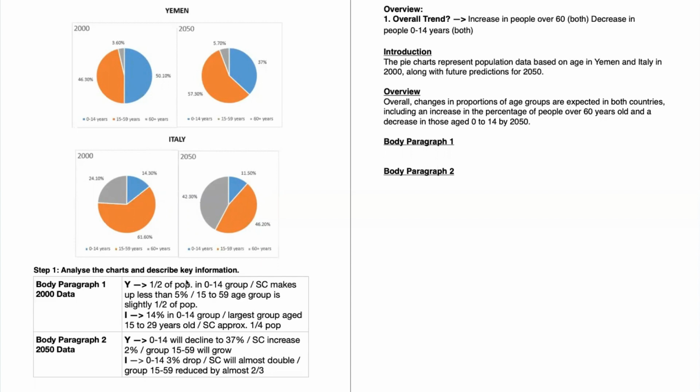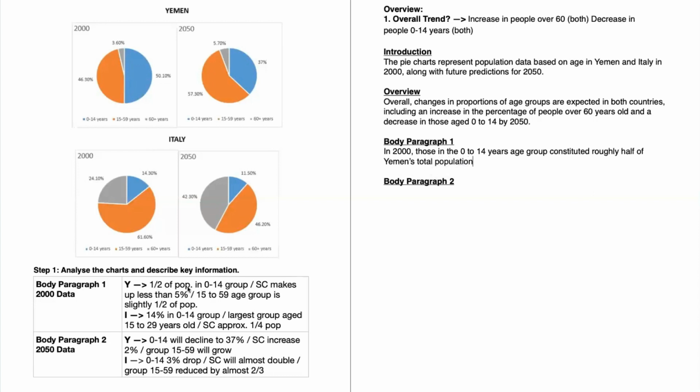Now we're going into body paragraph 1. So we want to talk about this data here. We made notes on it earlier. So I'm just going to start by saying that we're talking about 2000, the year 2000. So I'll say in 2000, those in the 0 to 14 years age group constituted roughly half of Yemen's total population.